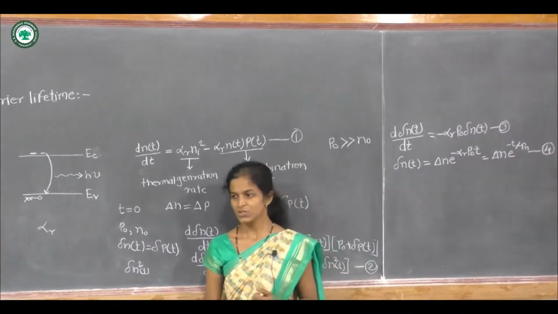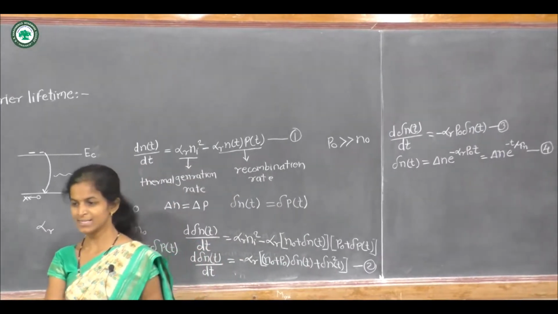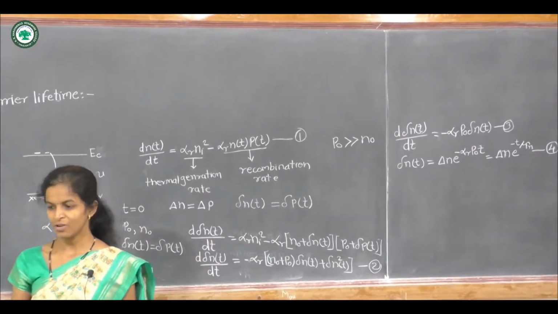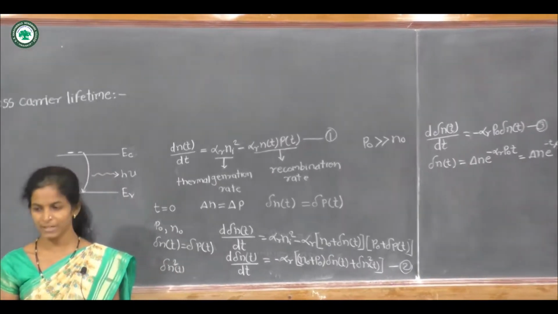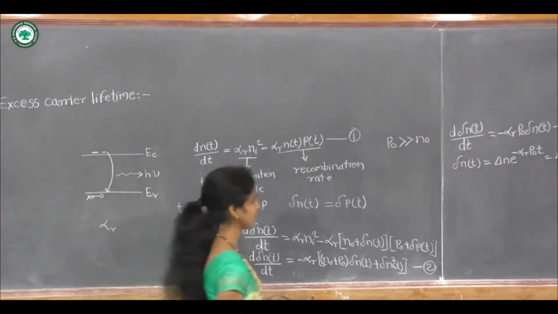where this tau n is the excess carrier lifetime of electrons in p-type material, which is given by (alpha r p0) inverse.